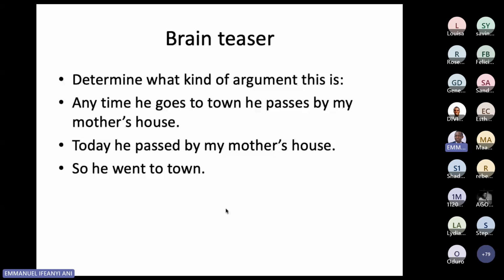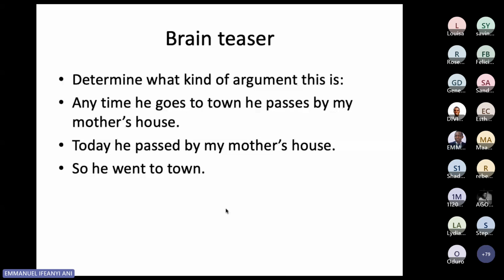Anytime he goes to town, he passes by my mother's house. So I think, in fact, the first step is to find out which are the premises and which one is the conclusion. When you find out, then among the premises, which is the major and which is the minor? So those are the two first steps.